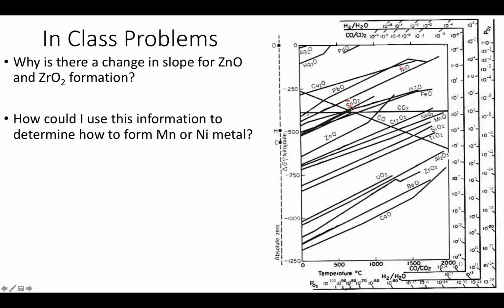But it turns out there is a good oxygen acceptor out there, and it's sitting right here: CO2. This line is going to be the formation of CO2 from solid carbon.